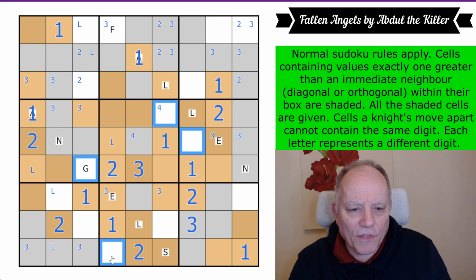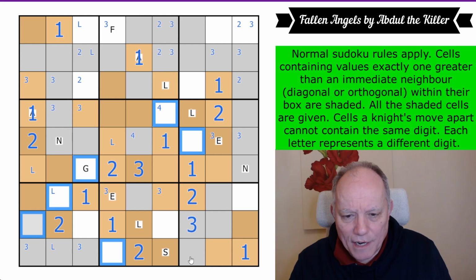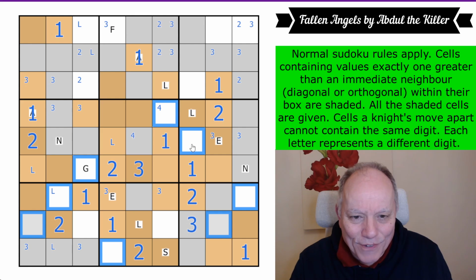Ah, that makes that a 4. In box 8, there's a knight's move going on there that I hadn't seen. Then 4 is in one of those 2 cells, one of which would have an effect on 3 and be quite useful, therefore. 4 is also in one of those two cells, which is less useful, I think.